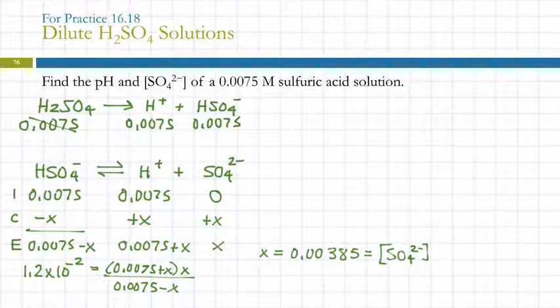Did you put the 1.2 to the negative 2 on one side? So on my TI-36X Pro, it gives me two sides. And I put the Ka value on one side and I put this other thing on the other side. If you've got an 84 or something where you have to have it equal to 0, then you would take this big mess here and just subtract the 1.2 times 10 to the minus 2. I just keep getting a different number than you.